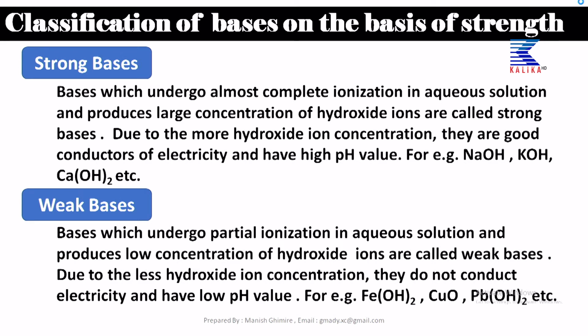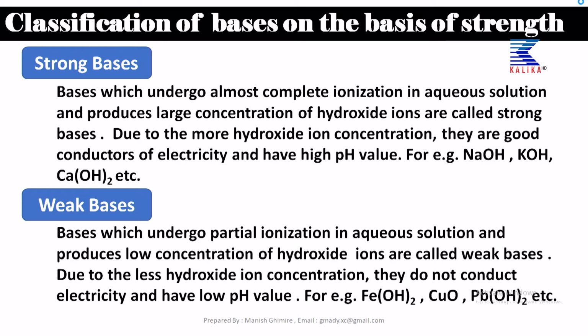There, see the classification of bases on the basis of strength. There are two types of bases again, like there were for acids. On the strength basis, acids were categorized into two categories, strong acid and weak acid. Exactly similarly, we can classify bases also: strong base and weak base.